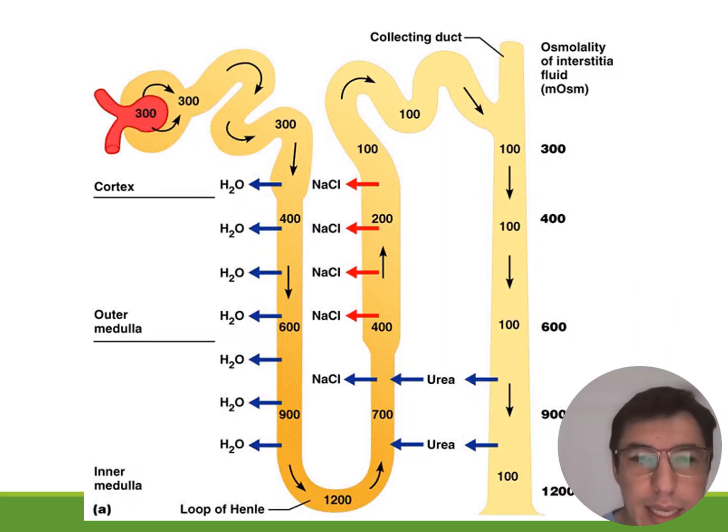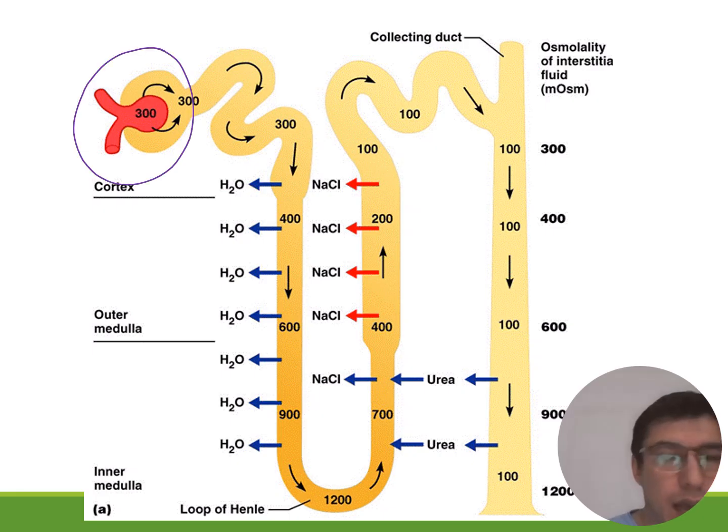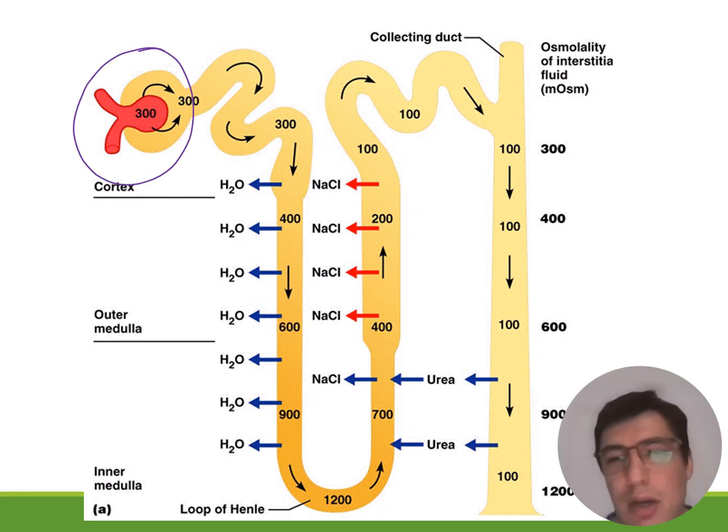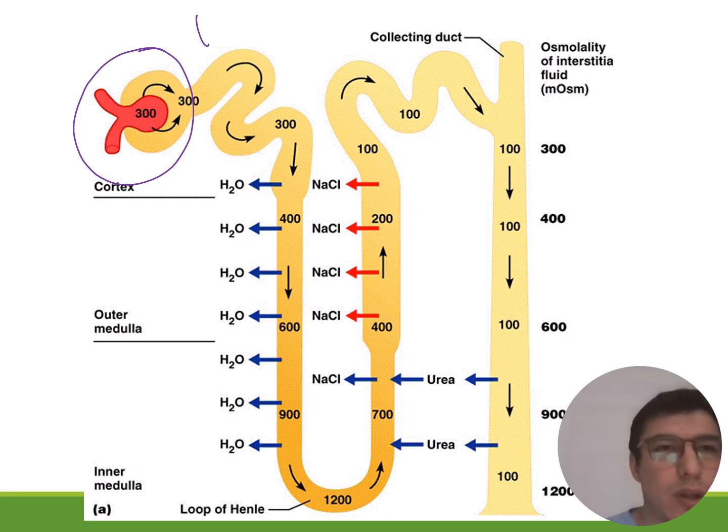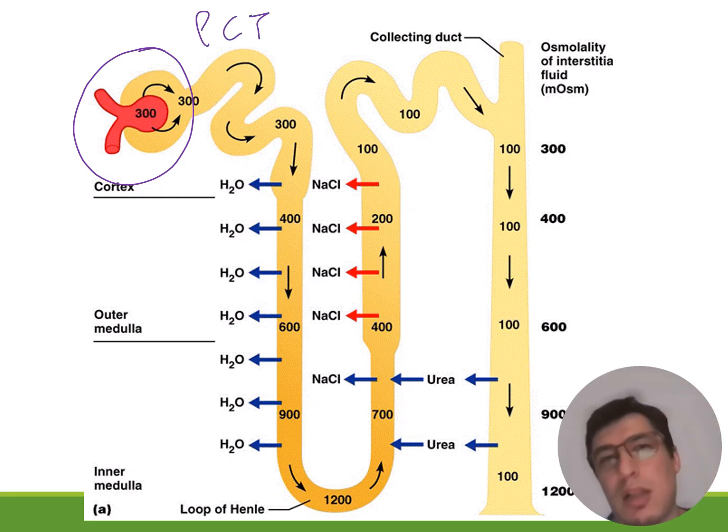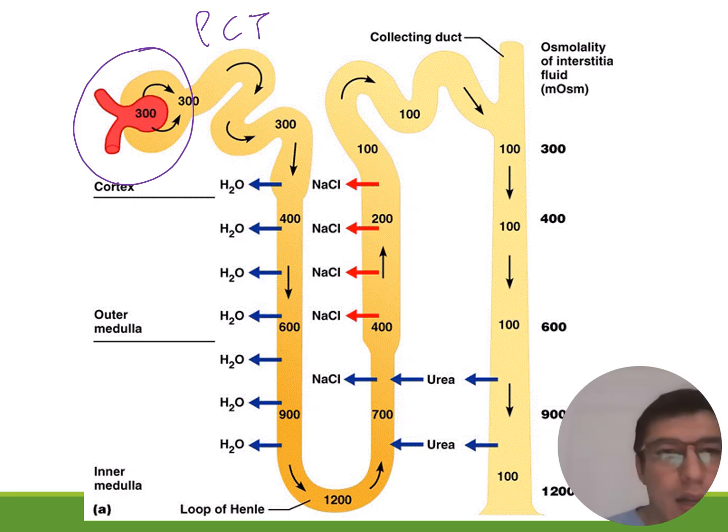Here you can see the gradients of concentration. As soon as we filter out from that corpuscle, we're heading into that proximal convoluted tubule. From that proximal convoluted tubule, we're absorbing a lot of nutrients, but there is no meaningful change in osmolarity just yet, as we have a lot of salt, a lot of minerals in there.